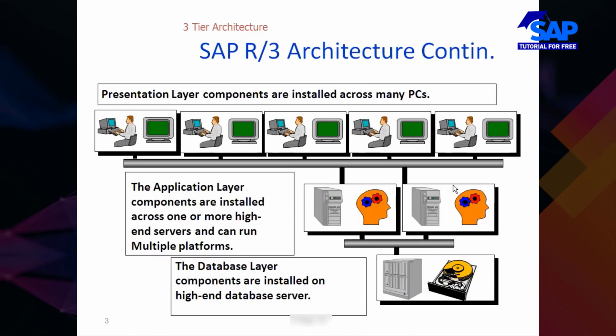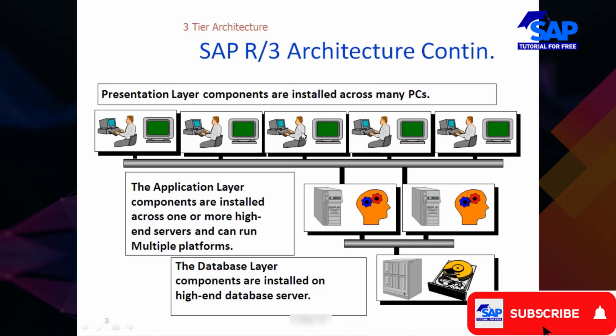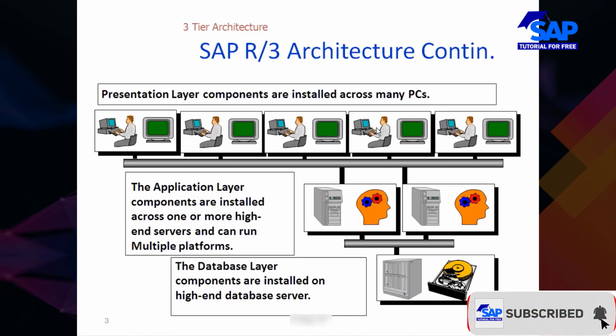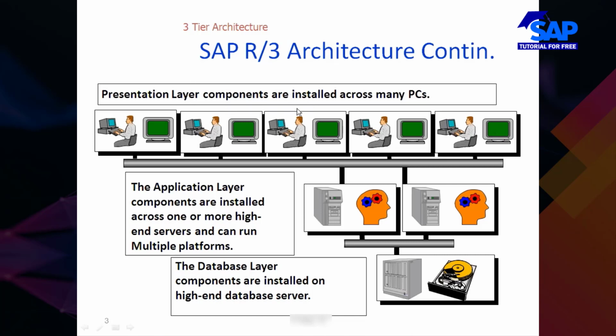Okay, so finally, this is how the architecture looks. In the client layer or the presentation layer, all the end users of the company are networked together, that is, on what we call a LAN. You will be connected through the LAN in your company network, installed across many PCs.